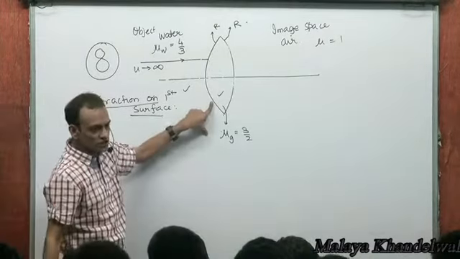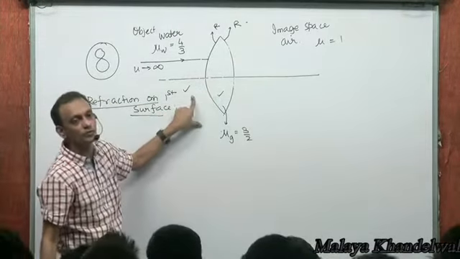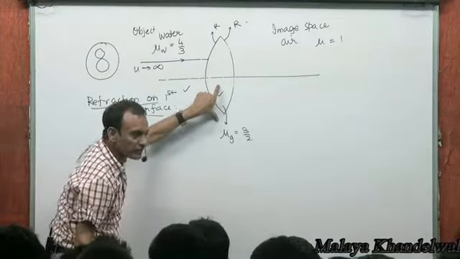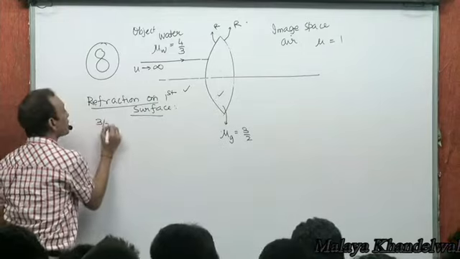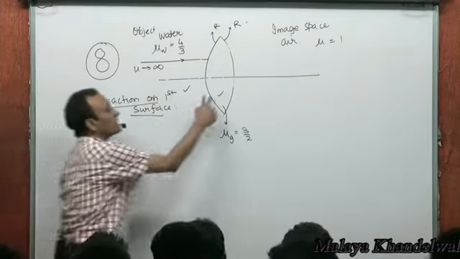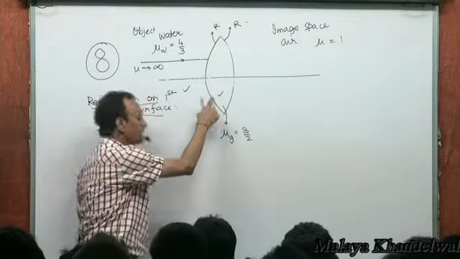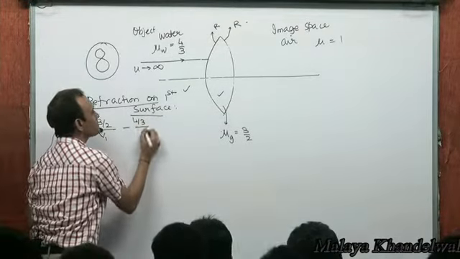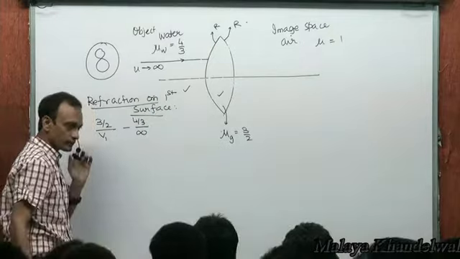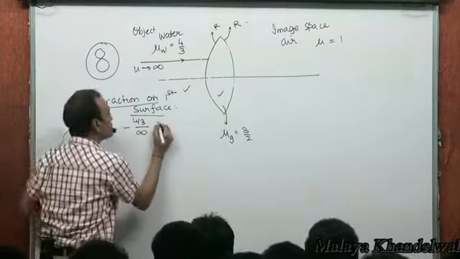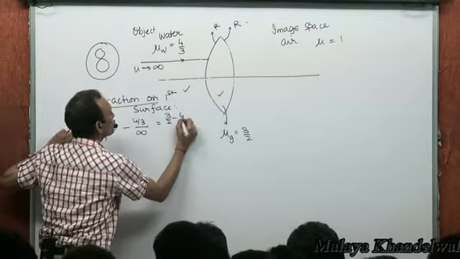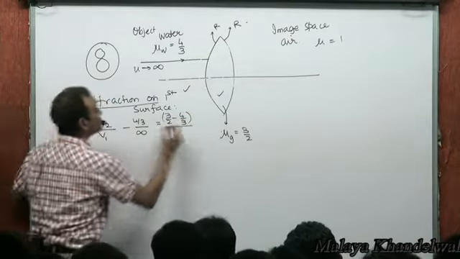Image space refractive index by image distance v1, which is the image formed by this, minus object space refractive index by object distance infinity, is the difference in the two refractive indices, 3 by 2 minus 4 by 3, divided by the radius of curvature.